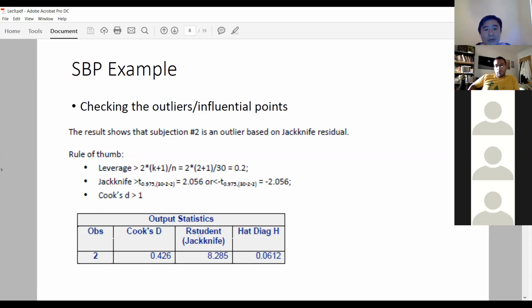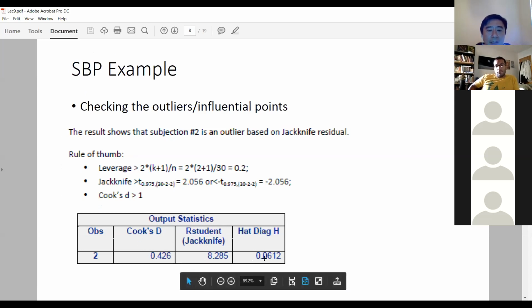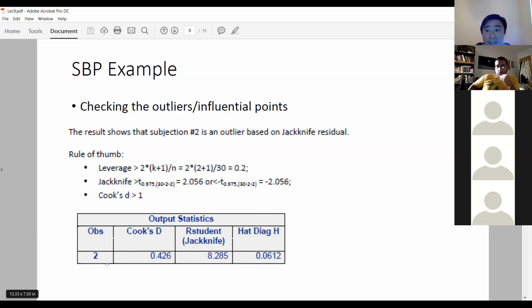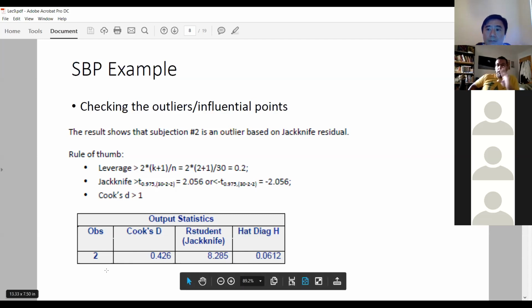Like, say you choose R-student, you have to say you use R-student before you run the model. Some of them may not indicate an influential point, only R-student indicates it, but if you base it on Cook's D, it is not an influential point. Once you specify a benchmark and it indicates an influential point, you should remove it from the later analysis, regardless of whether it's plausible, because it impacts the whole.